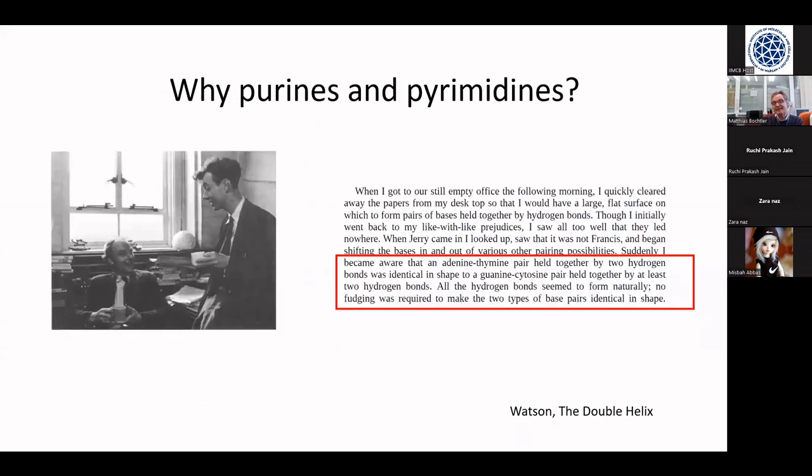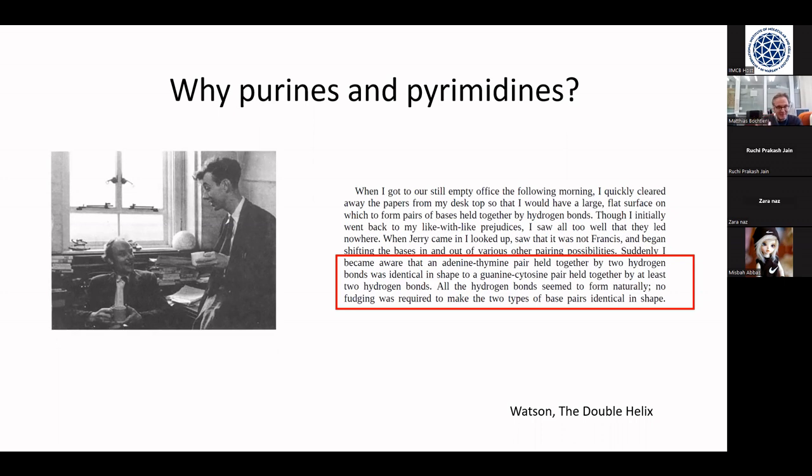And then the other thing, which is very nicely described again in The Double Helix, where Watson explains the reasoning that led them to their dsDNA model. His key point here is that the shape of a guanine-cytosine pair and the shape of an adenine-thymine pair are almost identical.